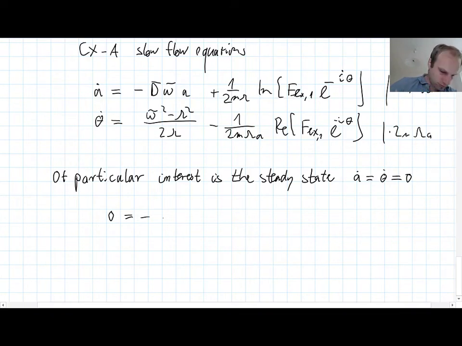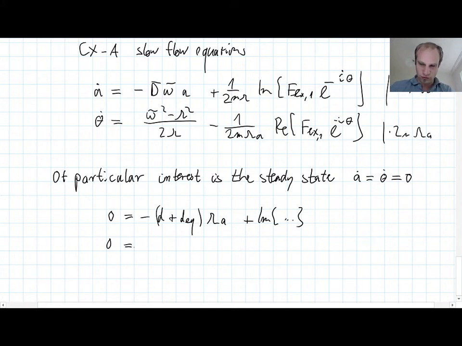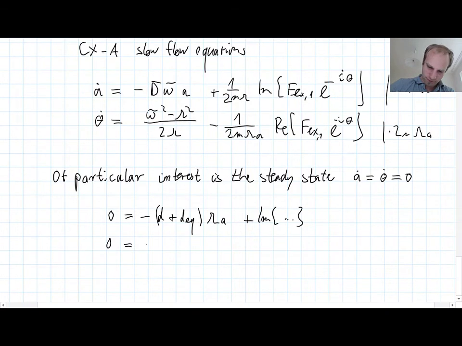So this term becomes d plus d equivalent, omega a, plus the imaginary part of what was written above. Of course we have no external forcing here, but the derivation is still relevant and useful also for the forced case. That's why we do this in such a detailed way.